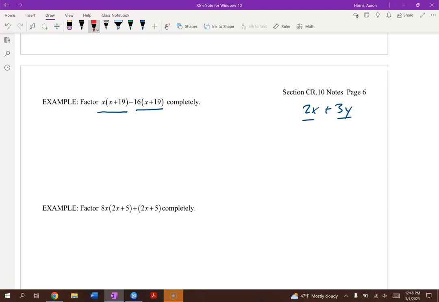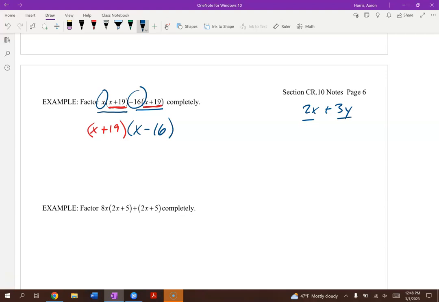They both have a x plus 19. Yeah, this binomial. So what we're going to do is take that, think of it as like they both have a y or whatever. But I'm going to take that red y out of each of those, and I'm left with x minus 16. Now think about that.